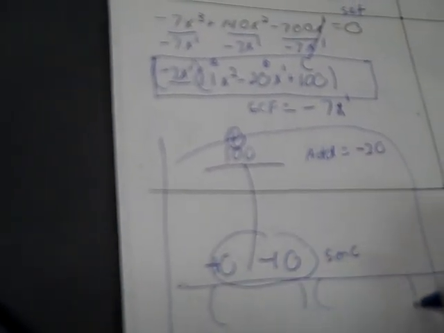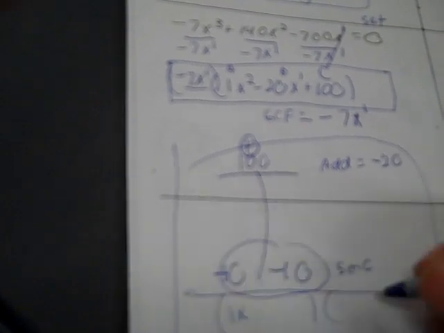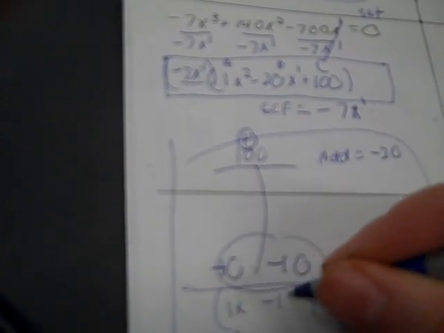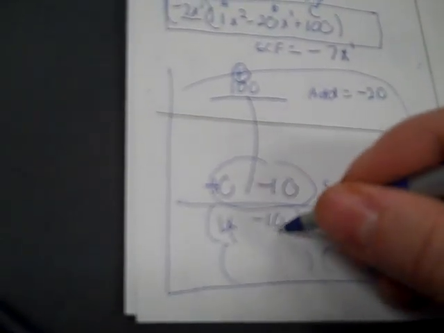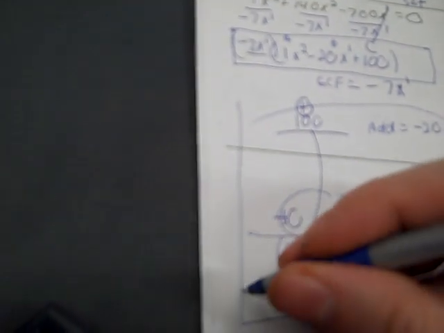Now A is 1, so I just need 2 parentheses. So 1x, 1x, minus 10, minus 10. Again, it's just going to be 1, so you're going to have 1x minus 10. And that's going to be the same too, 1x minus 10. So bring down your negative 7x to the first that has been factored out.